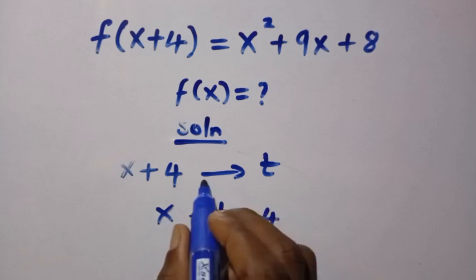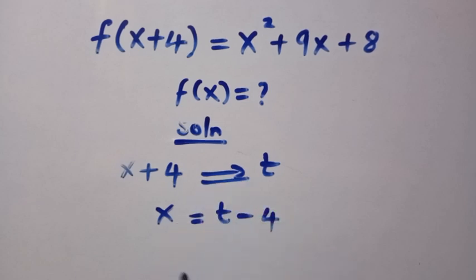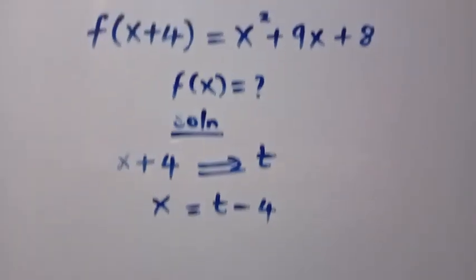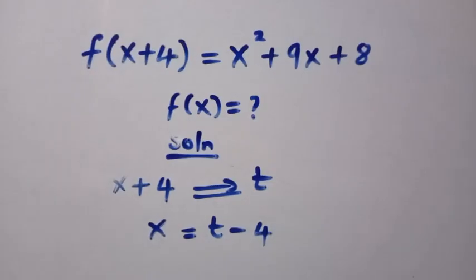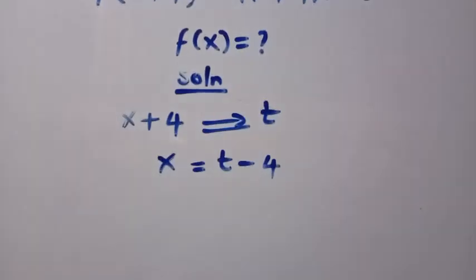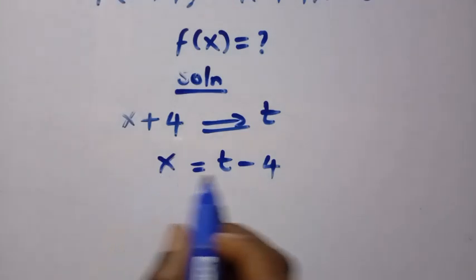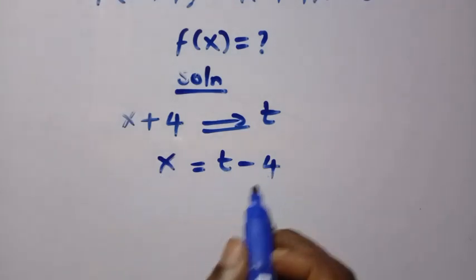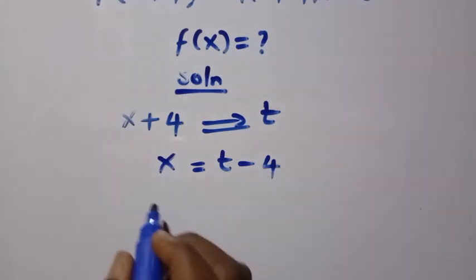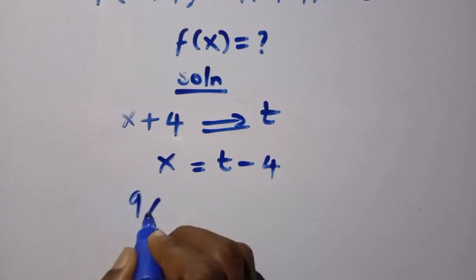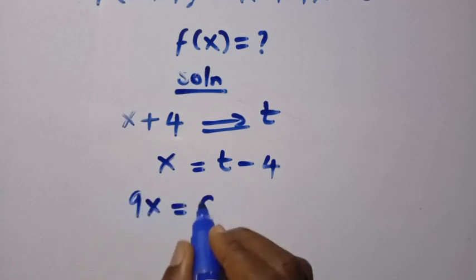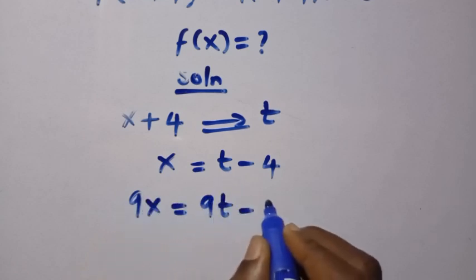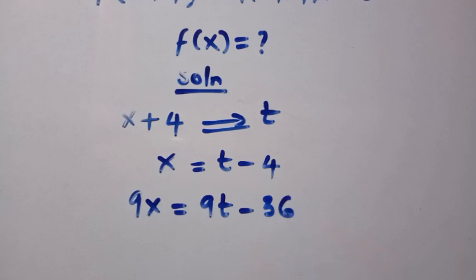Then from the given question, we need x squared and we need 9x. Here we have x equals t minus 4. Let's say we multiply this by 9. We are going to have 9x equals 9t minus 36.